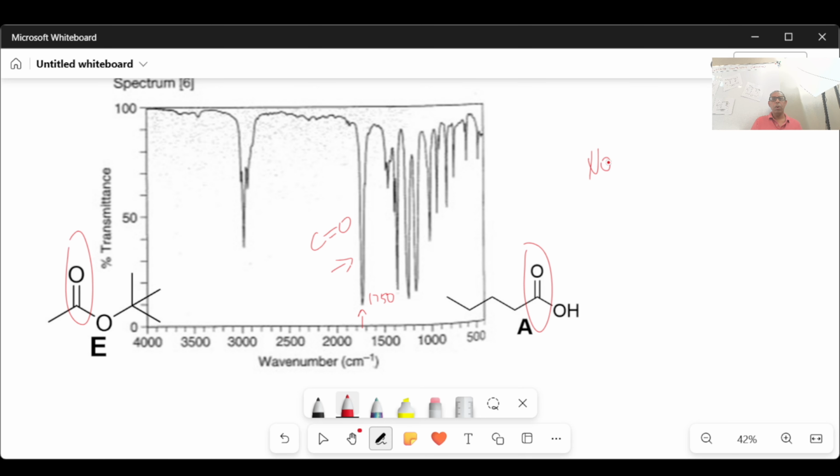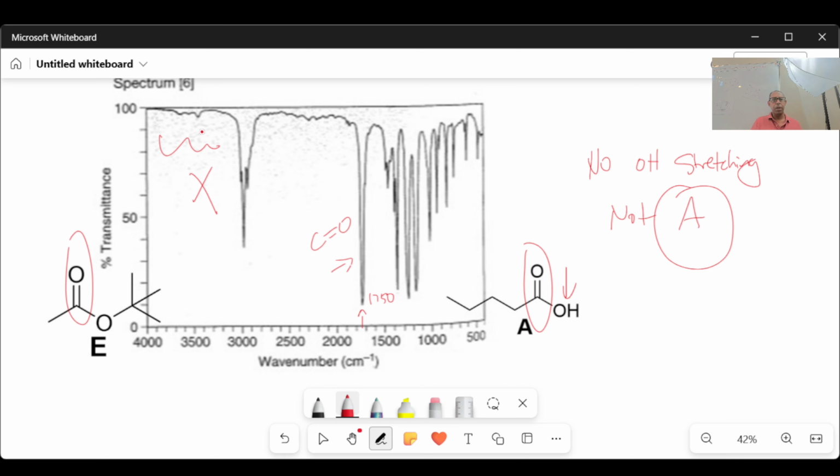No OH stretching. Therefore, it's not compound A because there is no OH in this region. You don't see anything here.